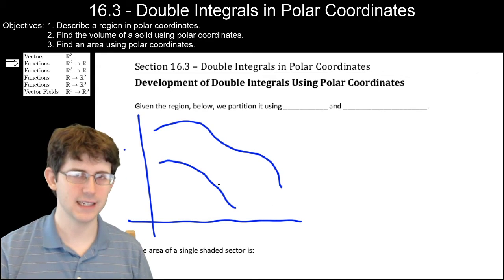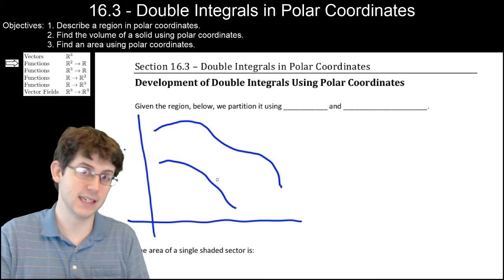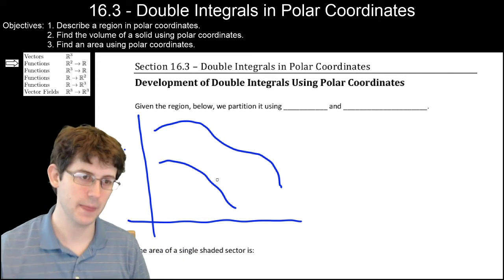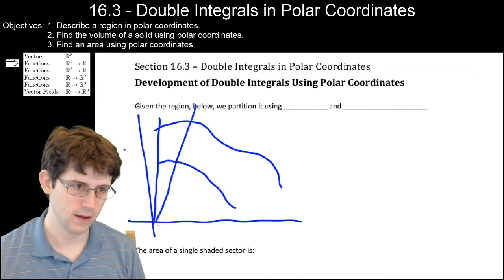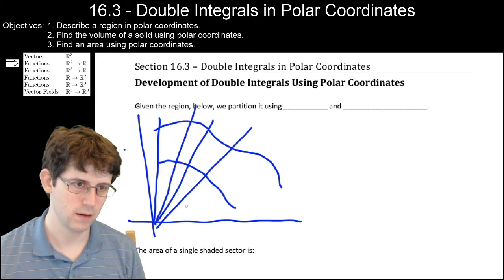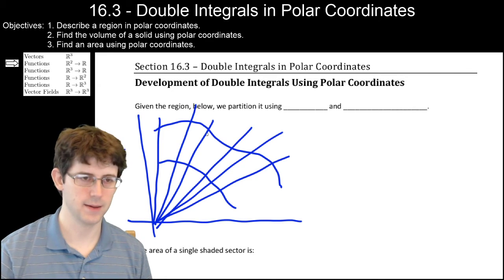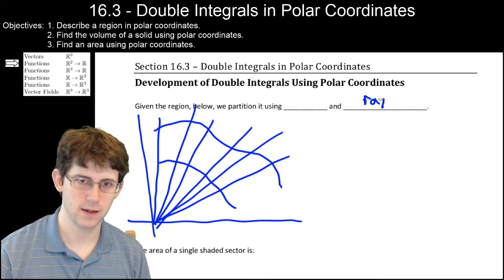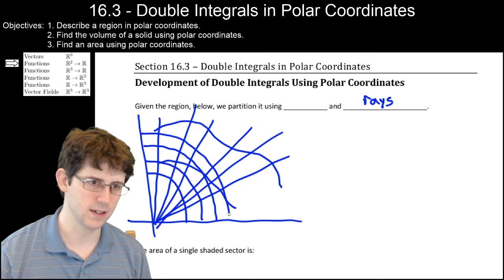But instead of slicing it up into an xy grid, which will give me little boxes that have area dx dy, instead I'm going to slice it up this way, using rays, and like this, using arcs.